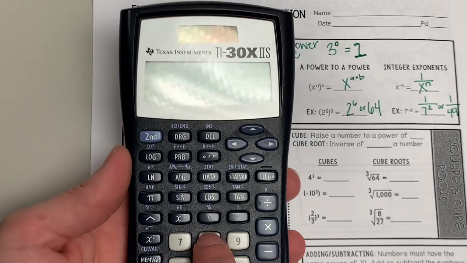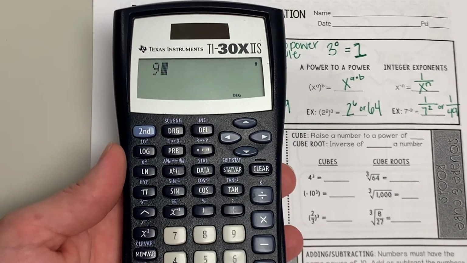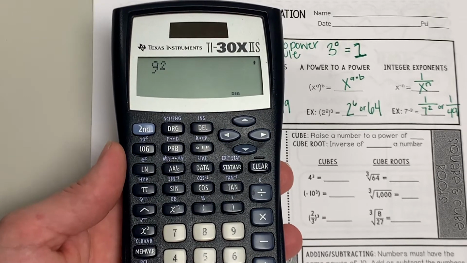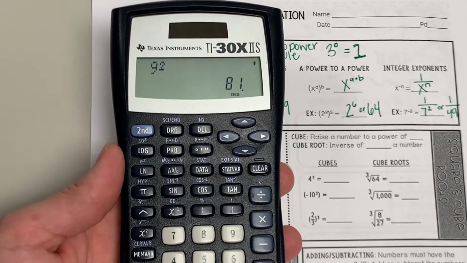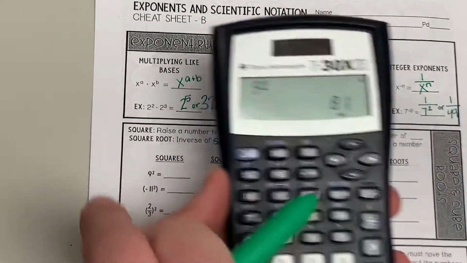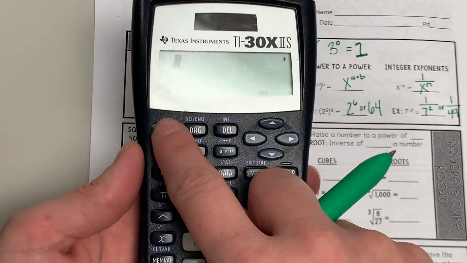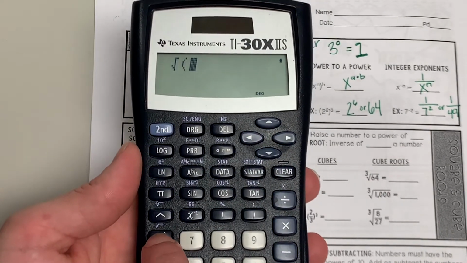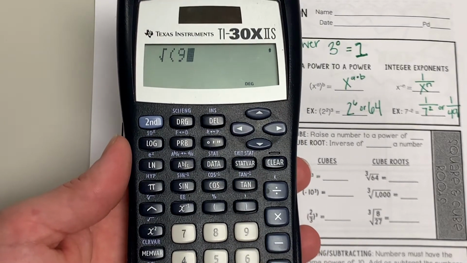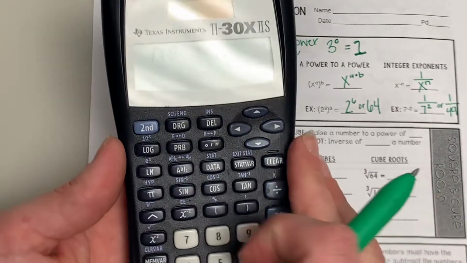Let's try 9. 9, and you want to square that, you're going to type x squared because you're squaring it. Equals 81. But if you want to square root, the inverse, square root that number, you're going to hit second, your house, then your 9. I'm square rooting my 9 now. You're rooting it back down, 3.